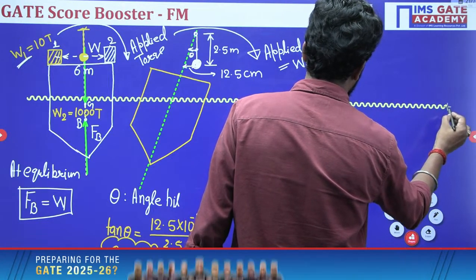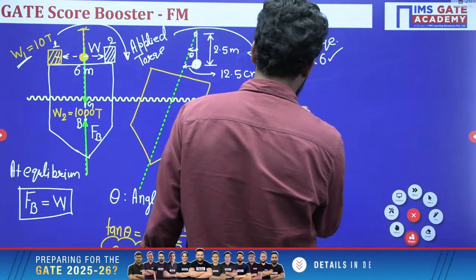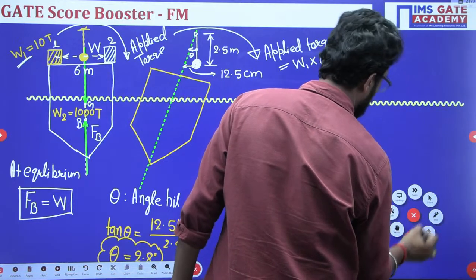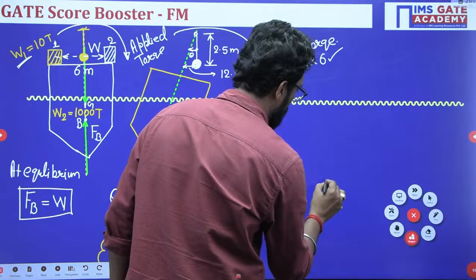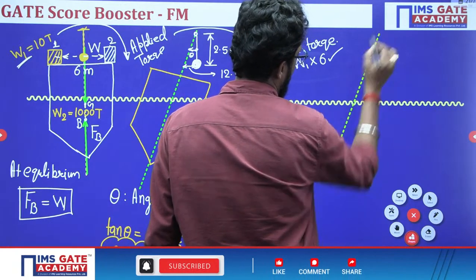Let's suppose this is your angle of tilt, and this is your new position, parallel to this one. We have to draw a line diagram.